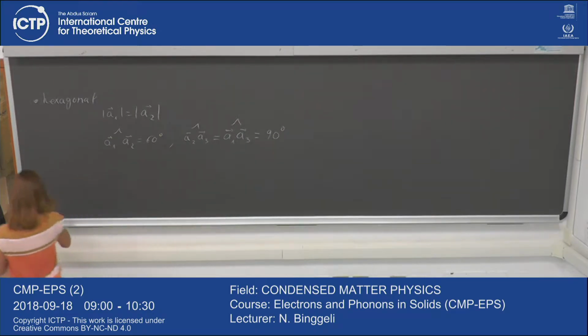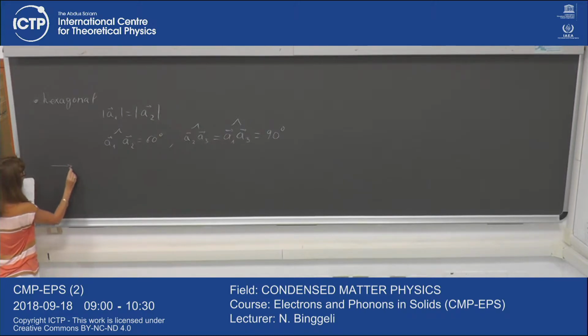So the hexagonal Bravais lattice has a vector A1 like this, a vector A2 that has the same length, and here there is an angle of 60 degrees.